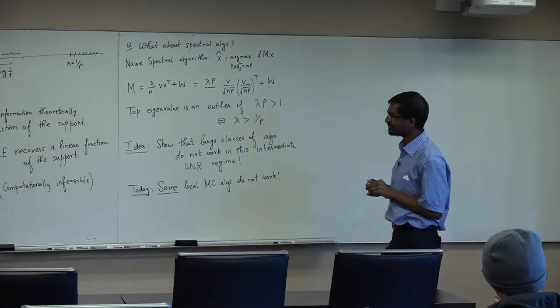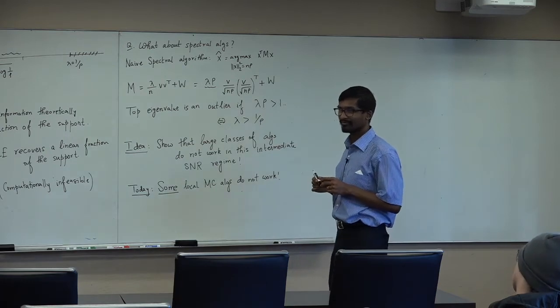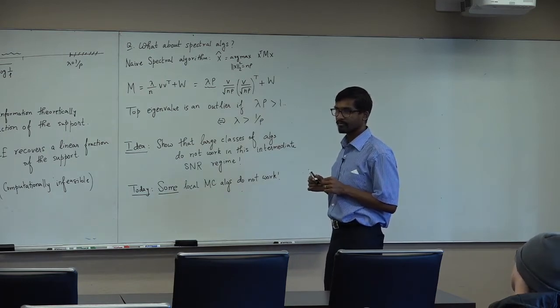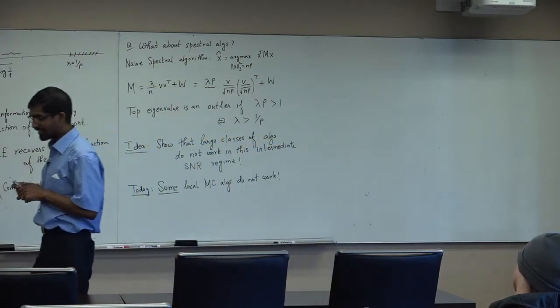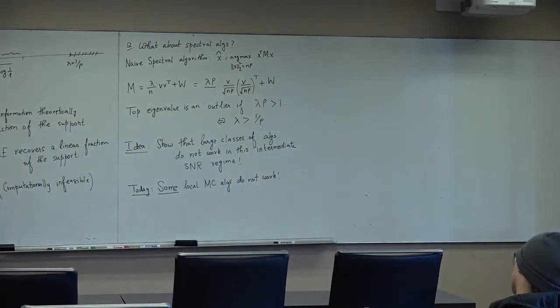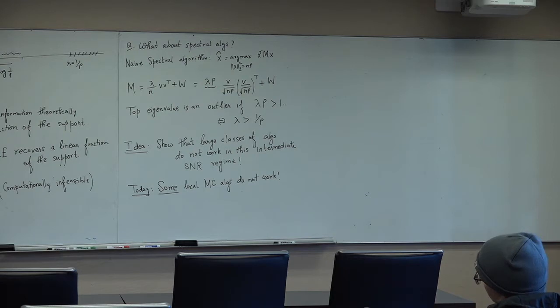But do local Markov chain algorithms even work, before we try to show that they don't work, at least? Right, so that's a very important question, and I think that is actually one of the important questions in this domain. Over the past 3-4 years, quite some tools have been developed to rule out Markov chain algorithms.